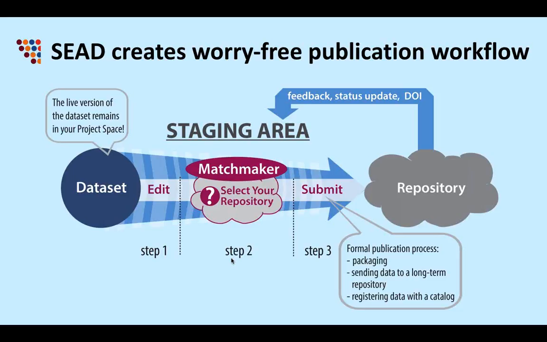Also, in the staging area, you can see status updates and sometimes messages from the repository inviting you to complete additional steps that are part of the repository's publication process, such as maybe accepting the repository's terms and conditions, agreeing to licensing terms.